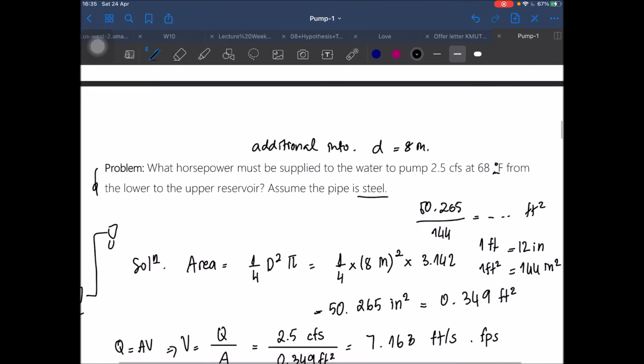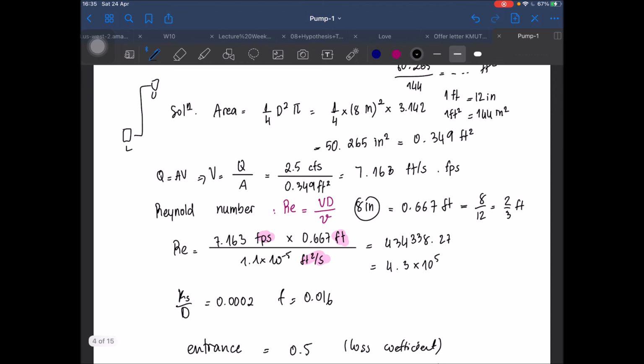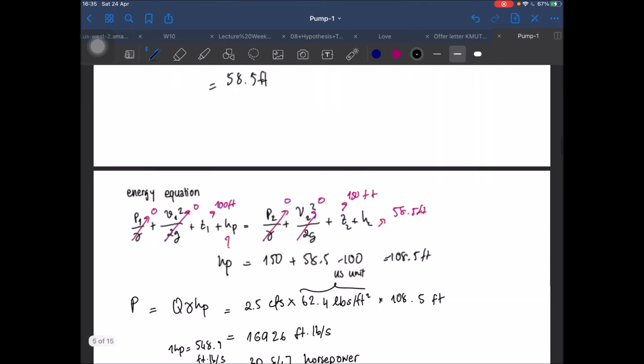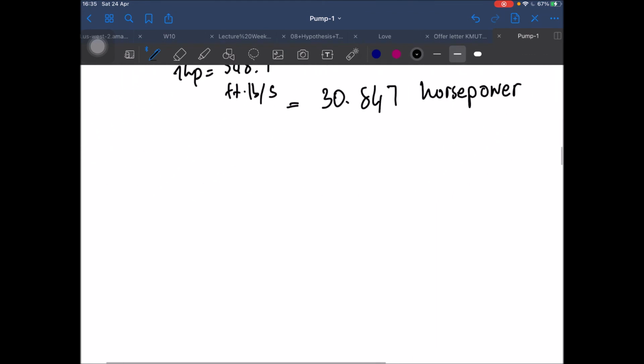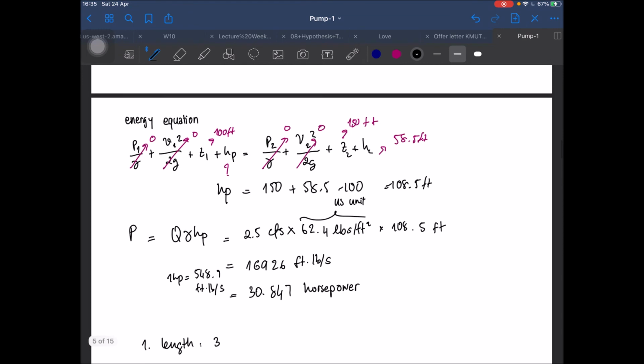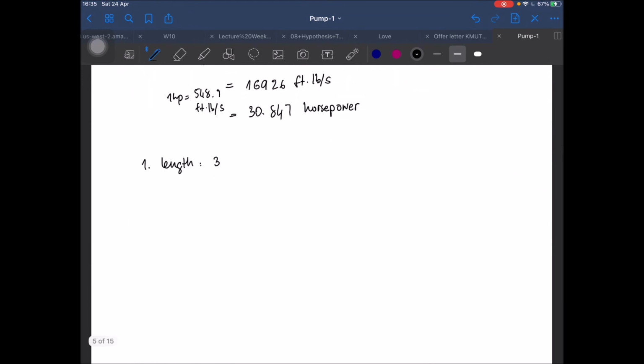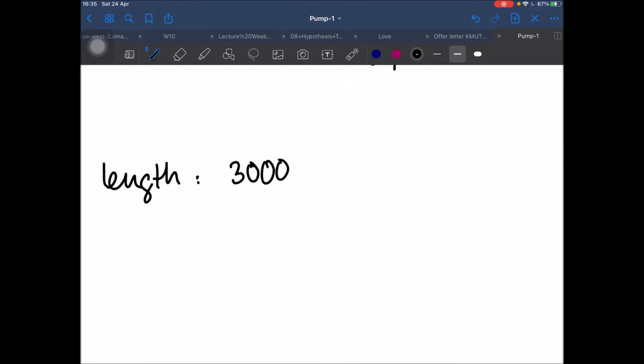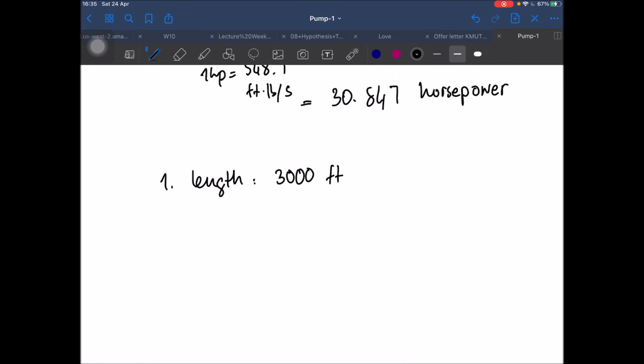Okay, so now additional info of this one. First one, length is 3,000 feet. Diameter is 8 inches.